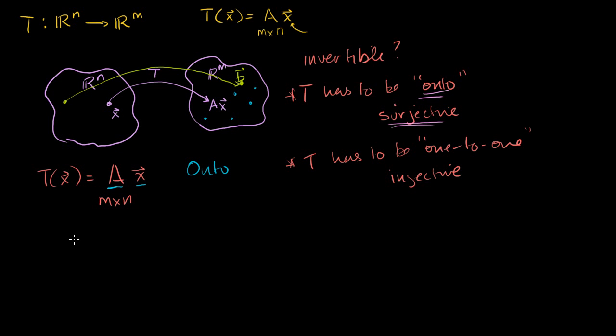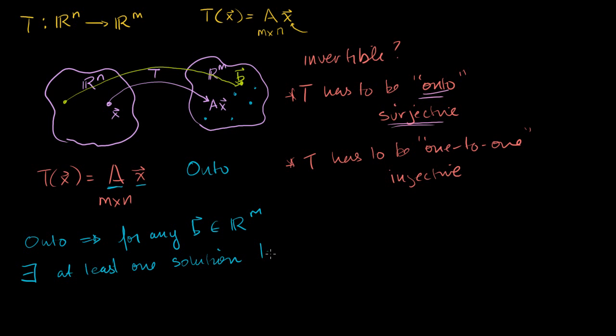Onto implies that for any vector B that is a member of Rm, there exists at least one solution to A times x is equal to B, where of course the vector x is a member of Rn.